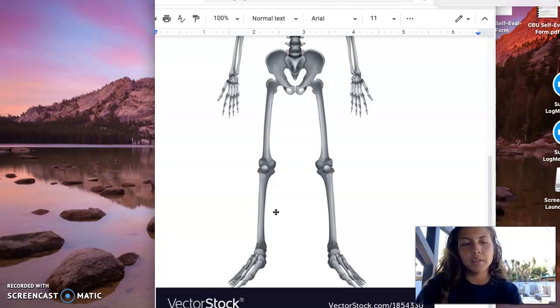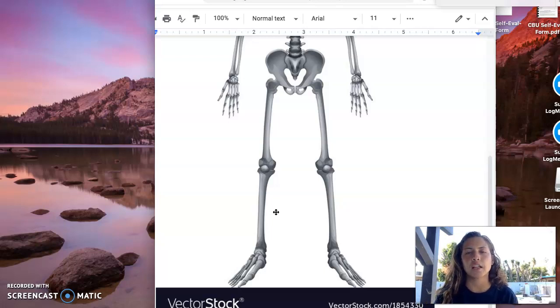Some of the ways the skeletal system is really important: the field that I'm going into is occupational therapy. We do a lot of making people whole and making sure that people are able to recover, if they've been in a car accident, had a stroke, or have a brain injury or a spinal injury.